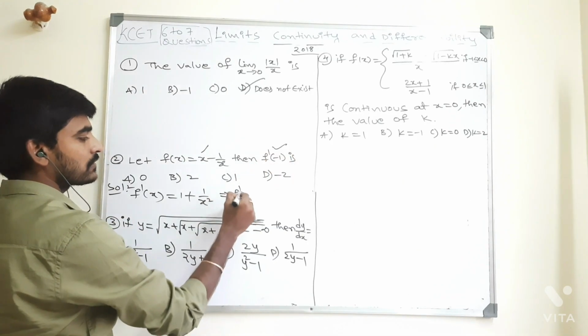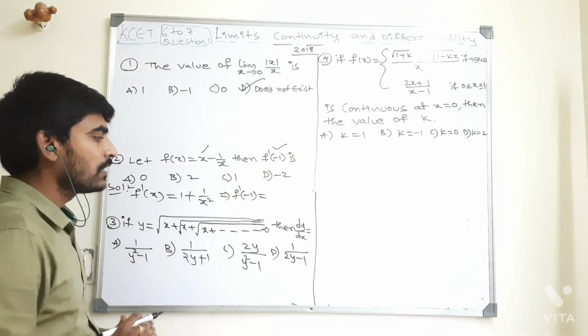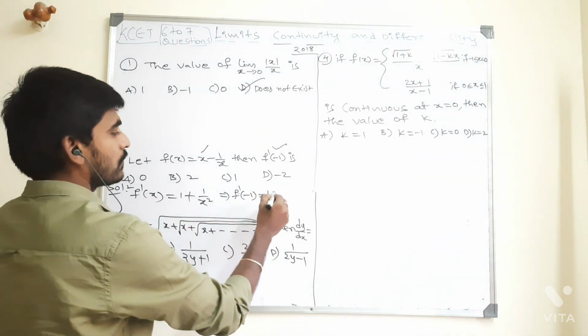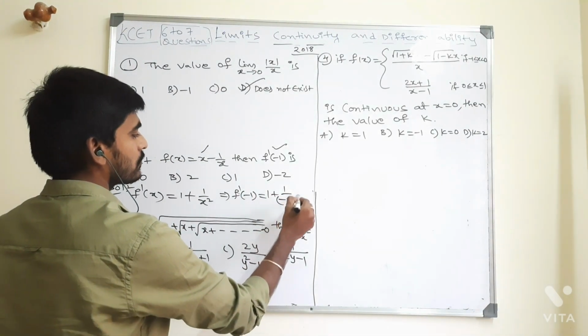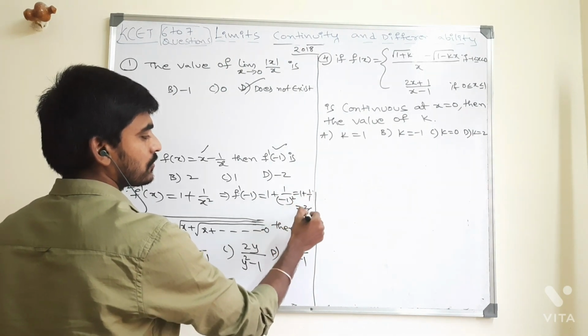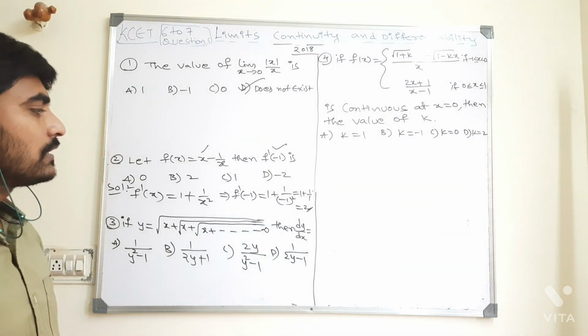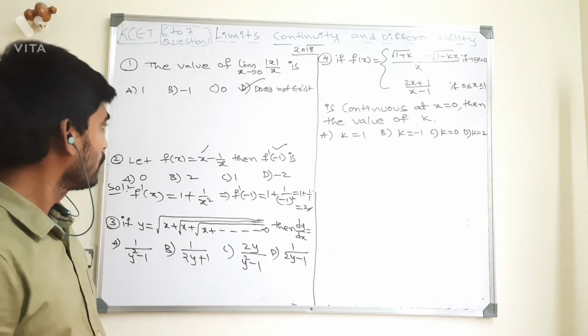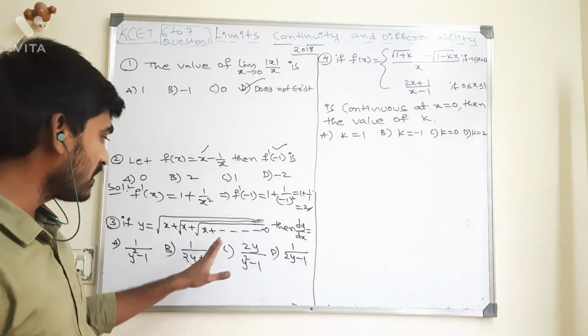But they are asking me to find f dash of minus 1, so in place of x you should replace minus 1. 1 plus 1 by minus 1 whole square. Minus 1 whole square is 1, so 1 plus 1 is just 2. You got it right up to here. Okay, 2 questions, so easy.